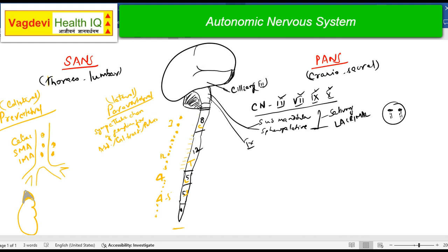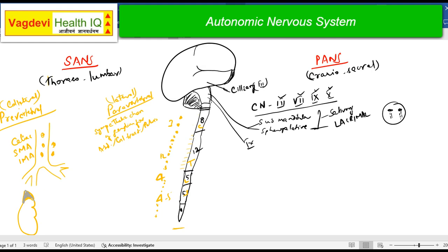So basically the glossopharyngeal nerve's parasympathetic function, if you understand, will be providing, anybody, the innervation to the parotid gland. Very, very important. These things you have to remember, and it's not tough if you remember in a systematic manner.